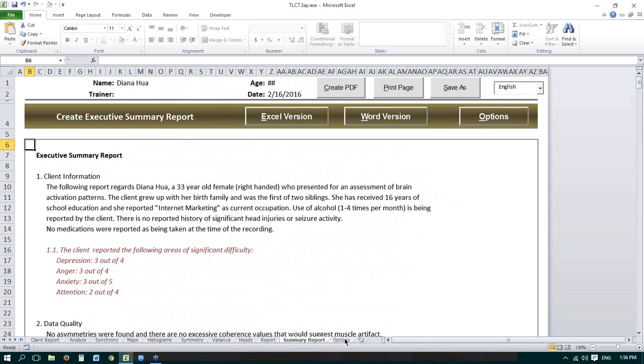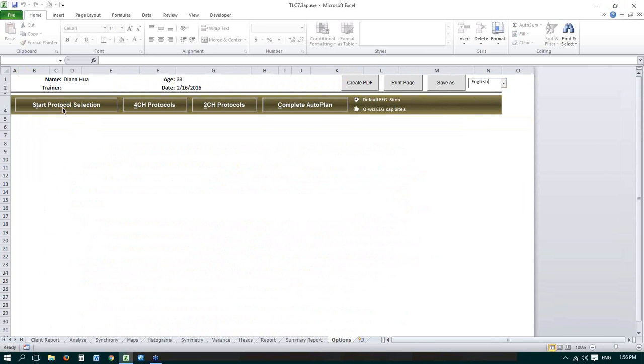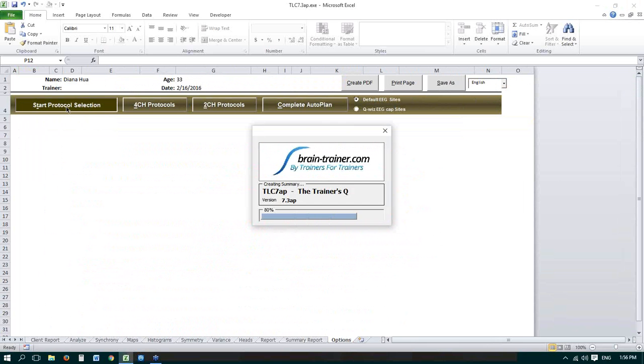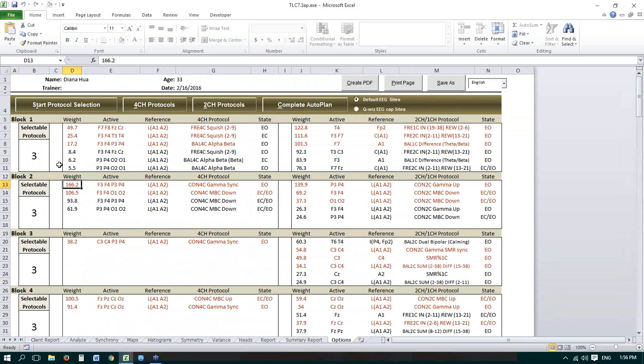The last thing then we'll look at is the options page. To produce your training plan, you come over here to start protocol selection, and it will give me the 5 blocks, 5 training sessions, and recommend things which it finds as patterns that are consistent with problems in this particular brain.